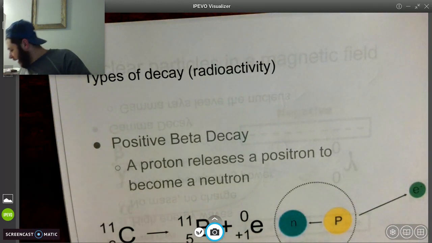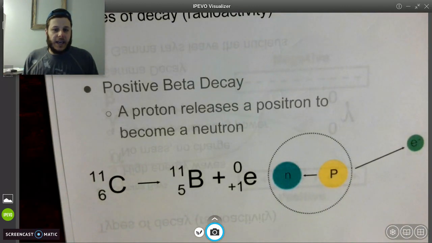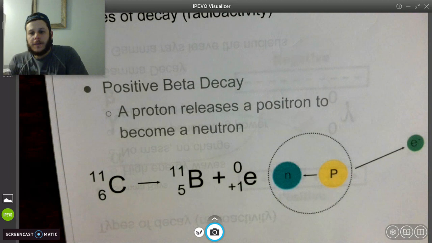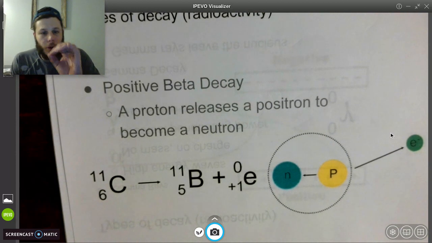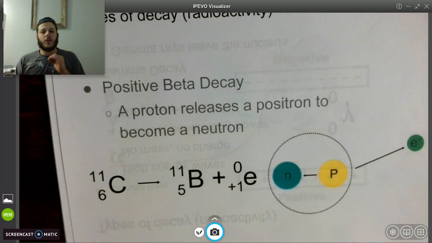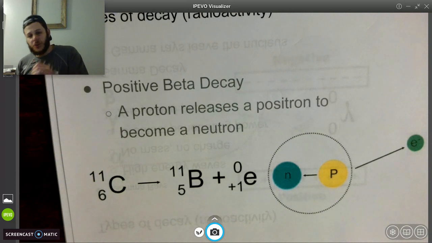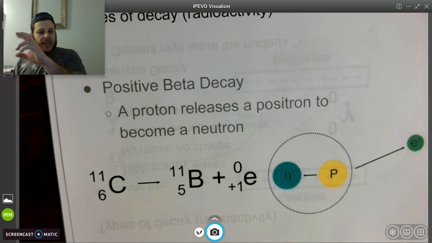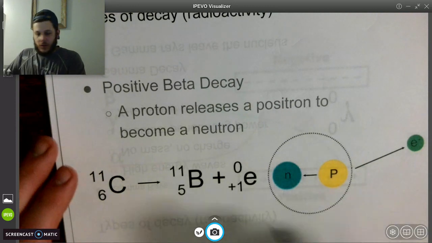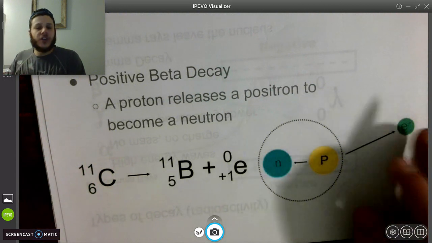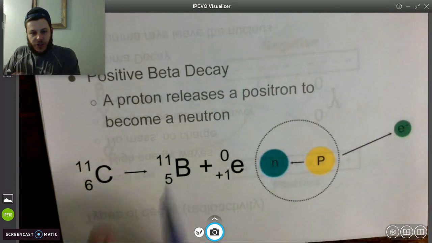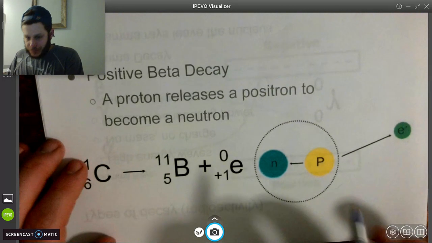So let's look at a positive beta decay. In this case, a proton releases something called a positron, and then it becomes a neutron. Now that part, like what is actually happening, you don't need to know, but it helps to understand what's going on over here.